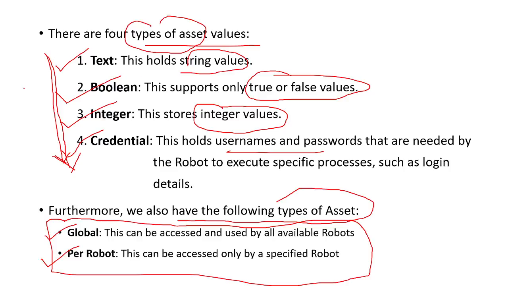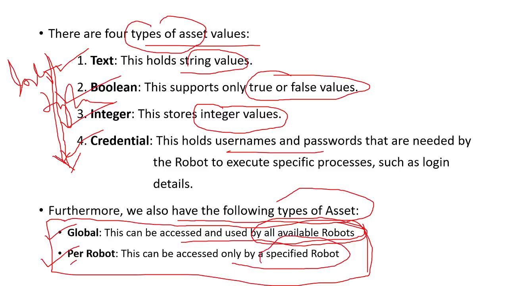Global, as the name itself says, can be used by all available robots in the Orchestrator server. Per robot means it can be accessed only by a specific robot. It is something like a private variable, while global is like a public variable.